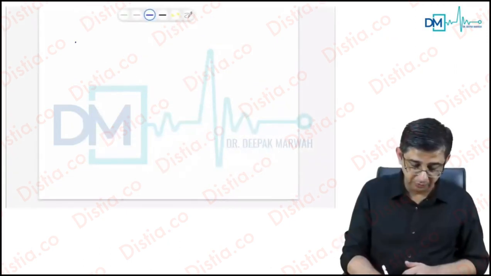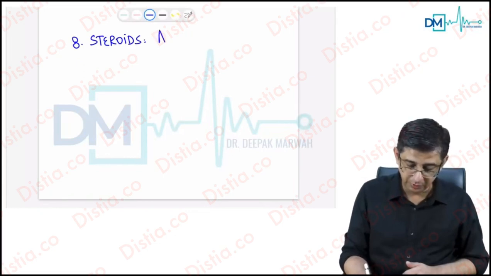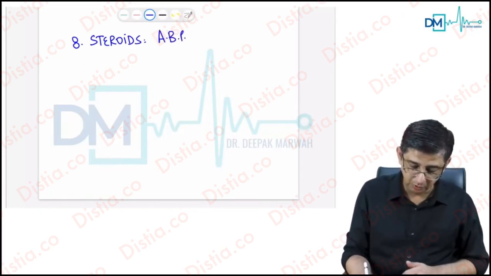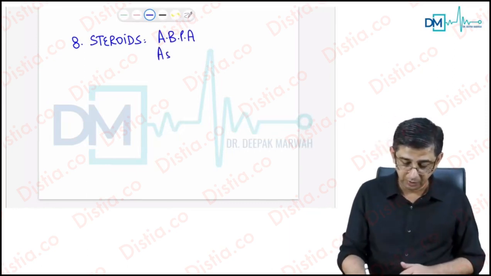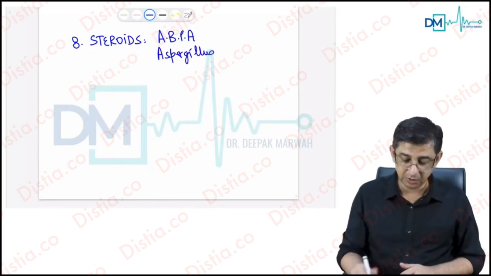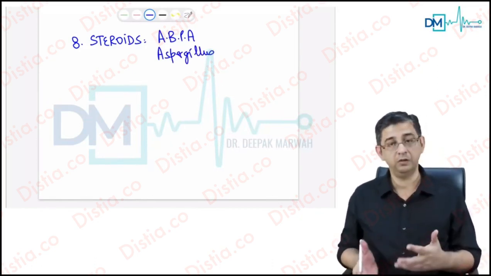The eighth point of mind for these patients is use of steroids. Looks very surprising but true, because a lot of these patients can be having upper airway colonization by aspergillus. They can be developing thick tenacious sputum due to colonization and hypersensitivity reaction to aspergillus, which is present in the normal environment.